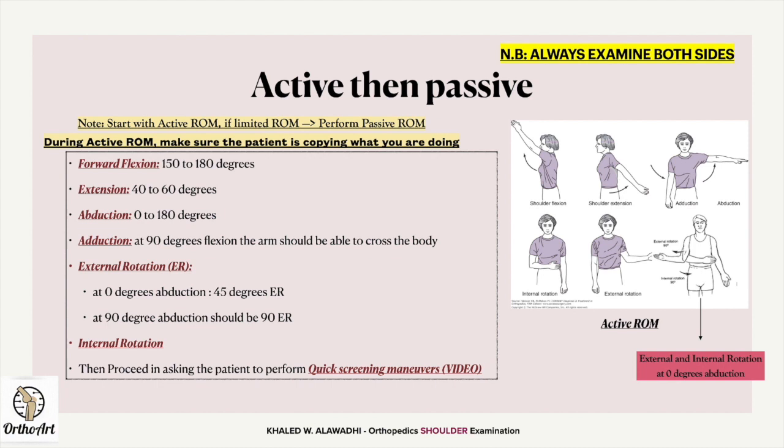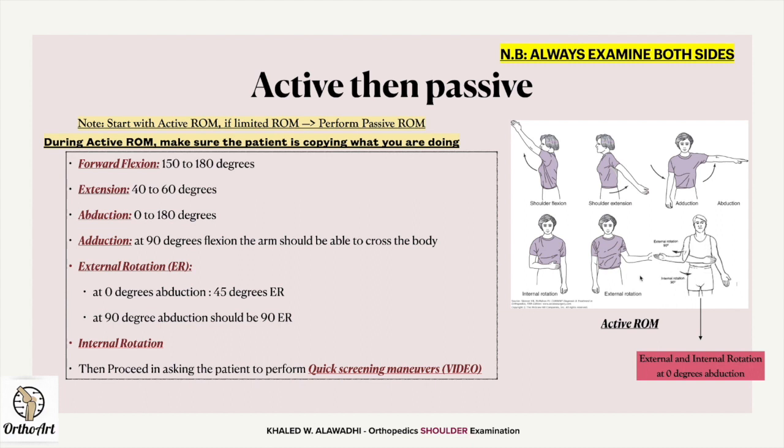You have to make sure the patient is copying what you are doing, as you do in spine examination, where you ask the patient to perform exactly the steps that you are doing. Start with forward flexion, extension, adduction, abduction, internal rotation, and external rotation.